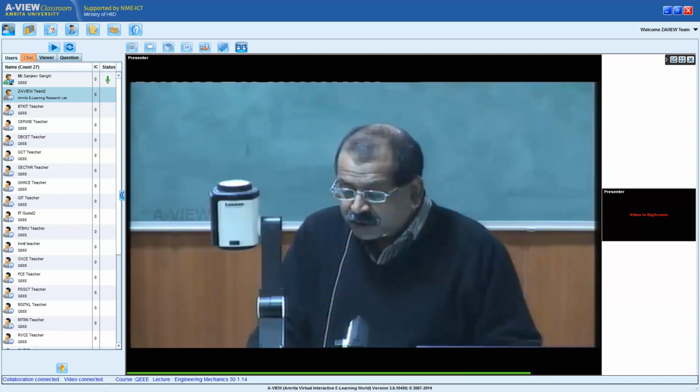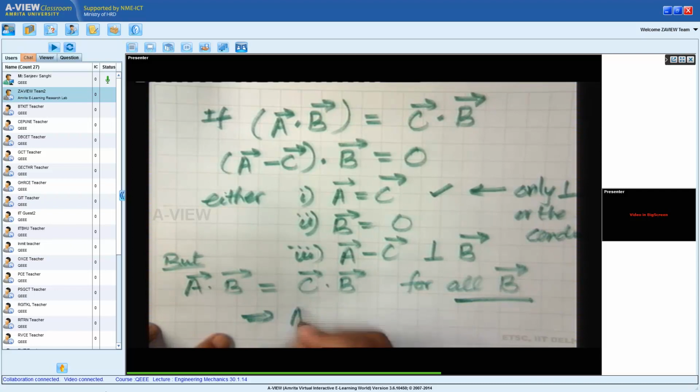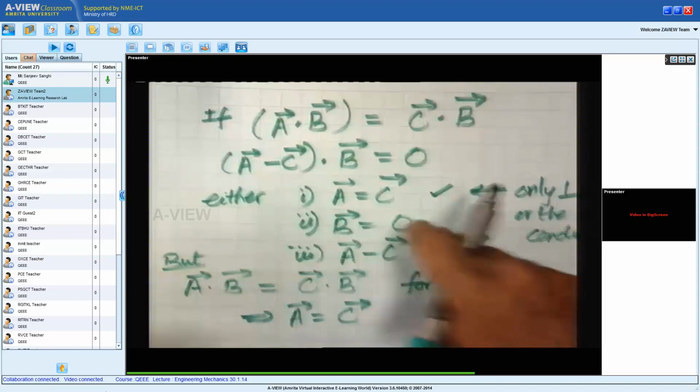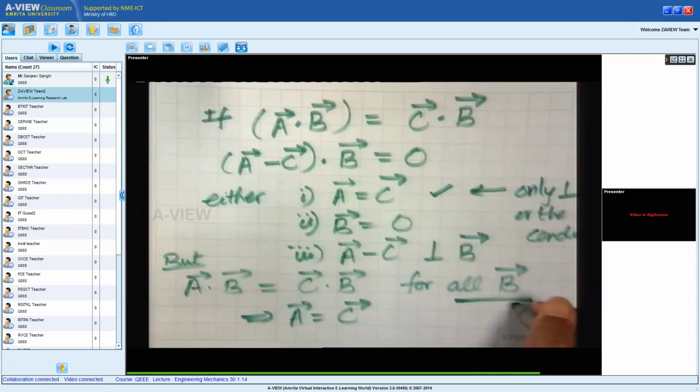The earlier statement was A dot B is equal to C dot B. Now I am saying A dot B is equal to C dot B for all B. This would imply vector A is equal to vector C, because now you are eliminating the second and the third conditions, because you are saying this is valid for all B. All B means B may or may not be 0. All B also means A minus C may or may not be perpendicular to B. And that is why in this general case, vector A would be equal to vector C.